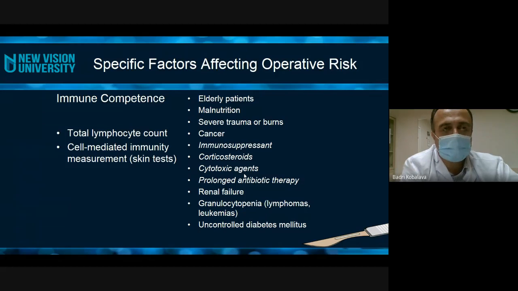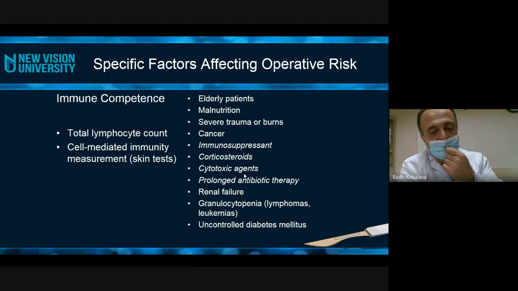It could be toxins or hematological oncologic diseases like lymphoma, leukemia. They also cause decreased resistance against infection. And uncontrolled diabetes mellitus. During uncontrolled diabetes mellitus, the patient always has some immunodeficiency. That's why infectious complications are rather common.